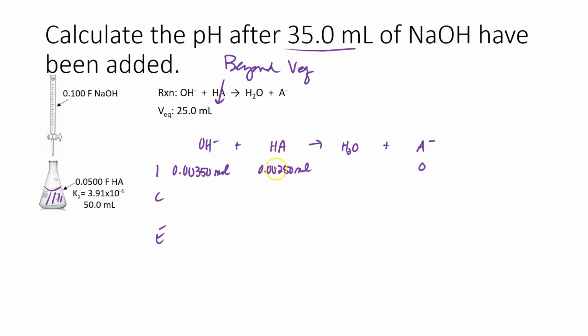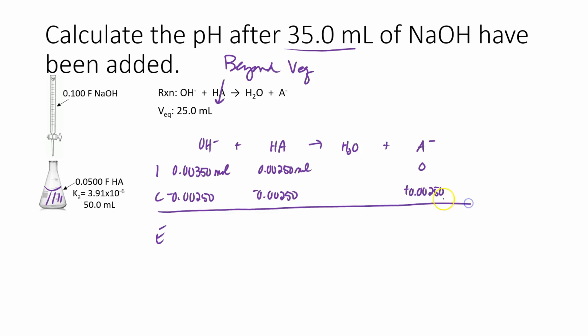The moles of HA are less than the moles of OH. I'm going to subtract those moles from the reactants and add them to the products so that at equilibrium, HA is gone and I've got excess OH, 0.00100 moles of OH, and I've made a little bit of the weak base.